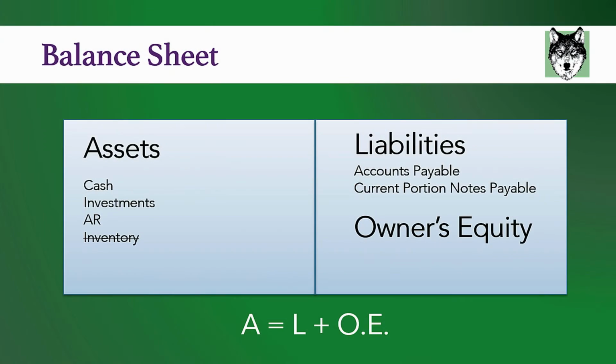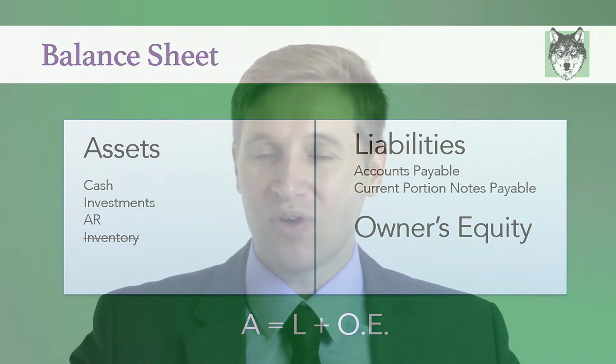So you want to look at what you can convert quickly into cash. So that's your current assets. That's going to be things like cash, investments, and accounts receivable, and compare that against your current liabilities. What are the debts that are coming up that have to be paid? And so you're trying to understand here, do you have the assets to cover your debts? And how much money are you going to have left over?